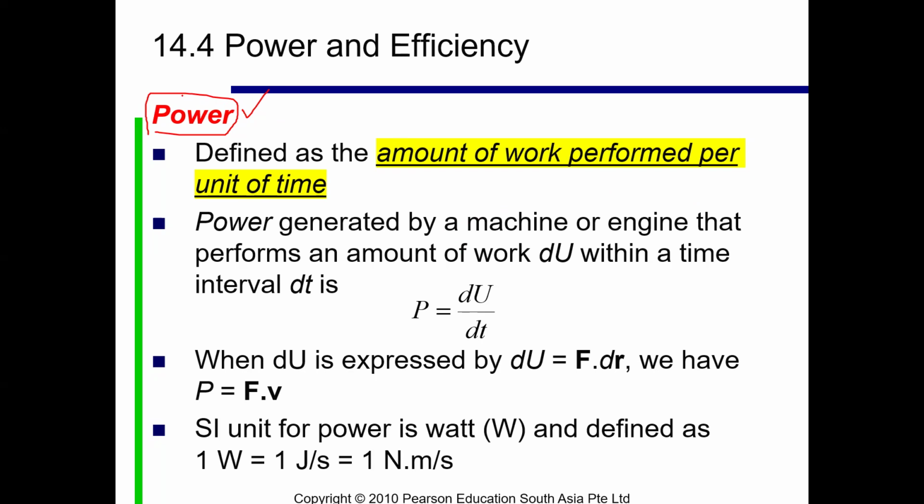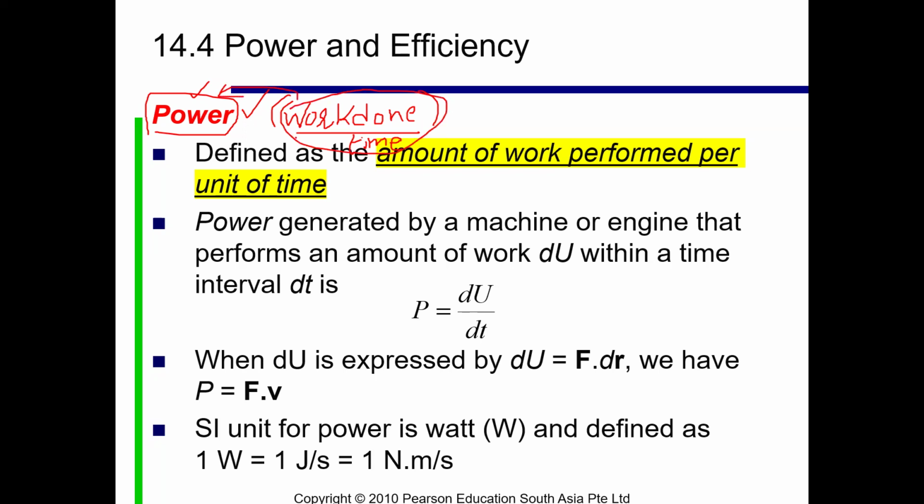This is the next step. If you have calculated the work done, and you want to know the rate of work done, the work done per unit time, that rate of work done is referred to as power, right?